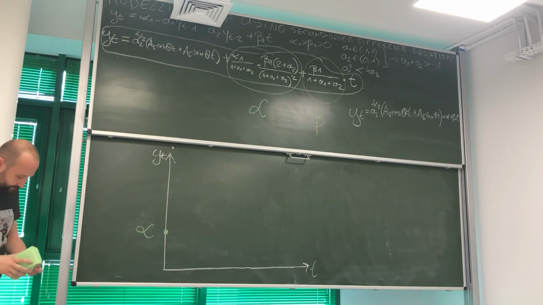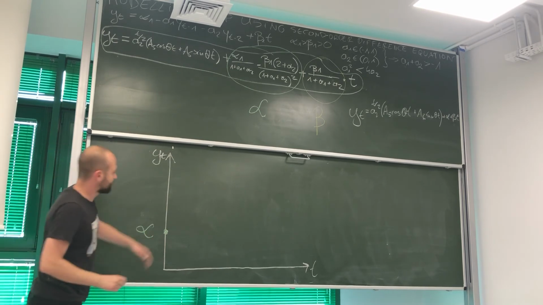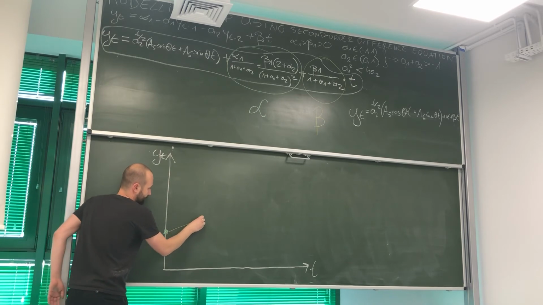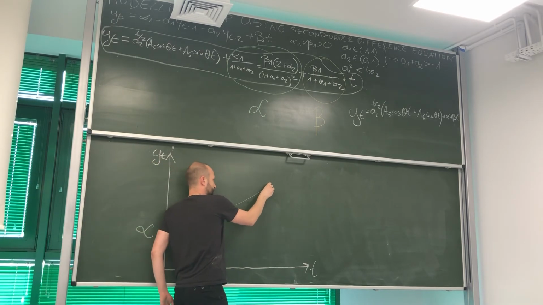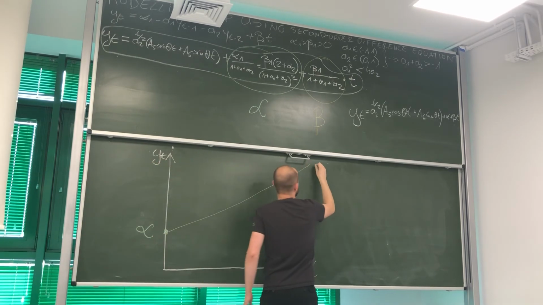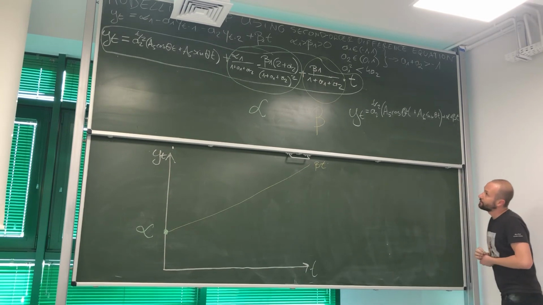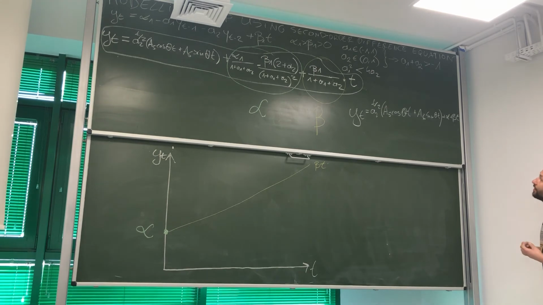This is a simple linear function, so it will look like this. This is the GDP trend within this structure, and it's represented by a straight line.